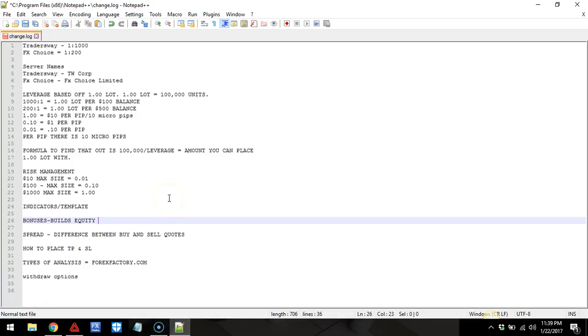I honestly don't recommend them until you become more experienced with trading. Because the thing with bonuses is that if you over leverage, this is like the only way possible that you can actually get negative in your trading account. If you use a bonus and you over leverage and the trade goes against you, you can be negative in your account.